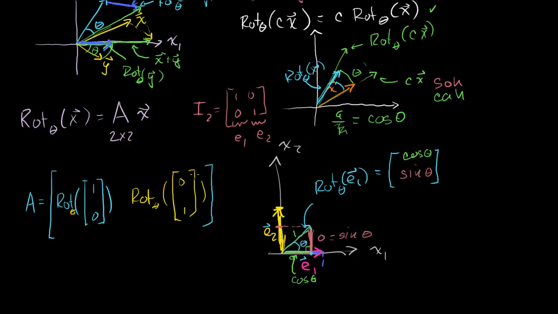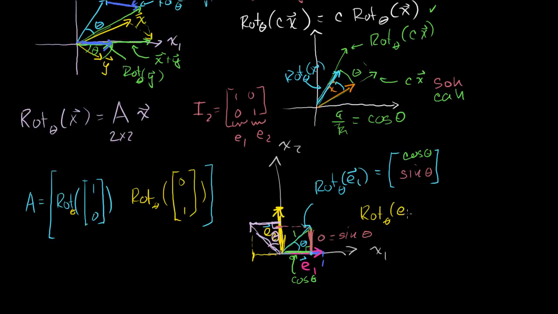Now what about E2? Well, we could do something very similar there. E2 is going to end up looking like this when you rotate it by an angle of theta. That angle right there is theta. We can create a little right triangle right there. And so if we want to know its x-coordinate, now we're concerned with the rotation through an angle of theta of E2.